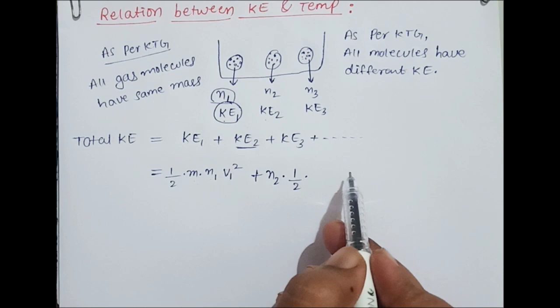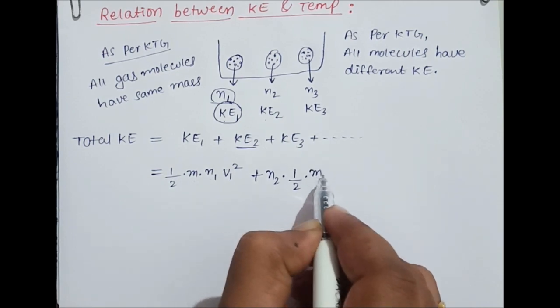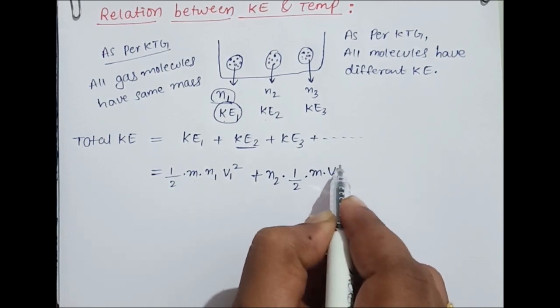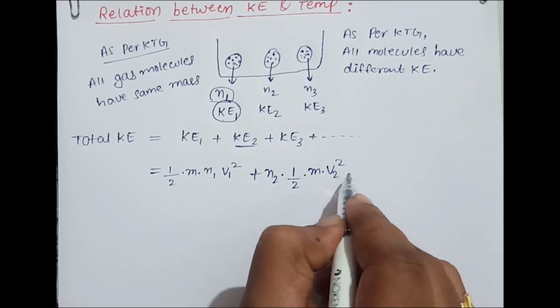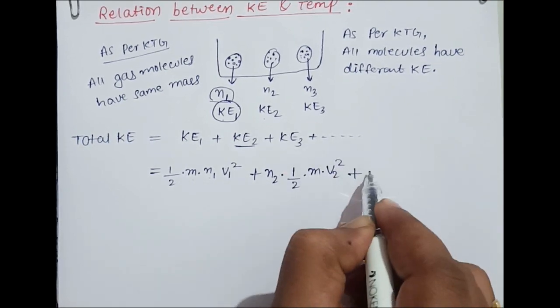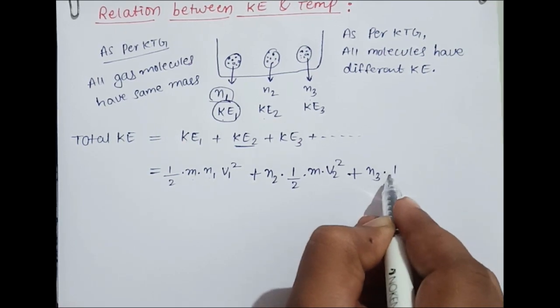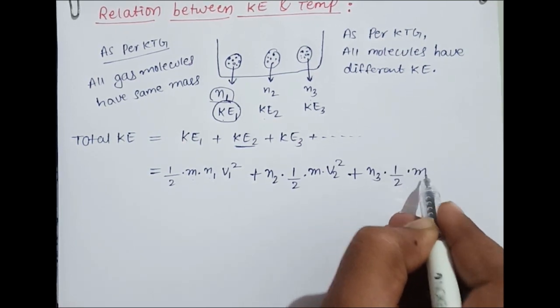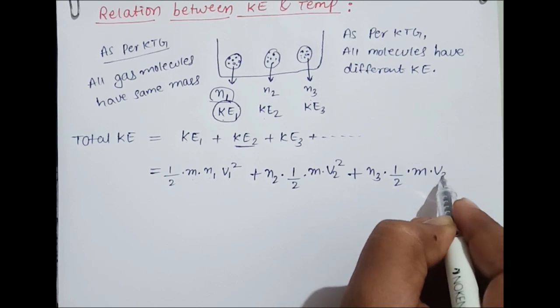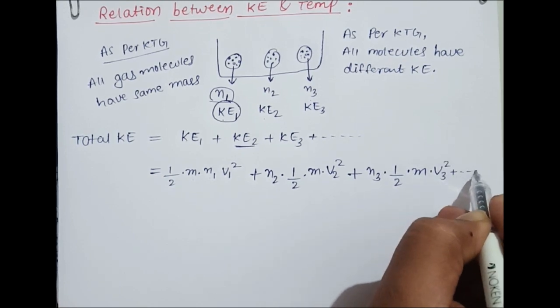So the mass remains constant but the velocity changes, so v2 square. Got my point? And for the third case, there are n3 number of molecules, and their kinetic energy is half m into v3 square, and it goes on.